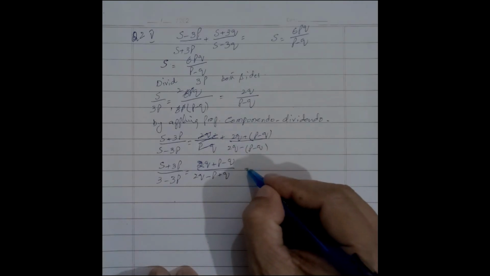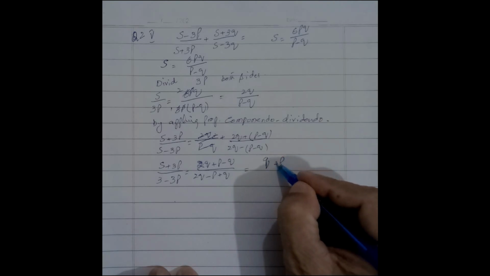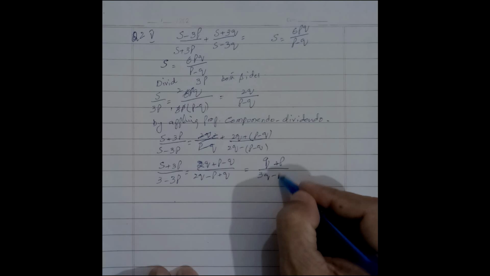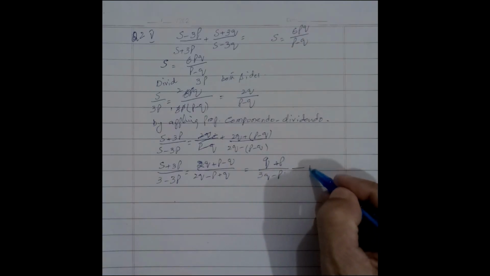Now simplifying these values, and further we simplify it, 2q minus q we get q, plus p, and 2q plus q we get 3q, minus p... so we get q plus p over 3q minus p, and it is our first question.